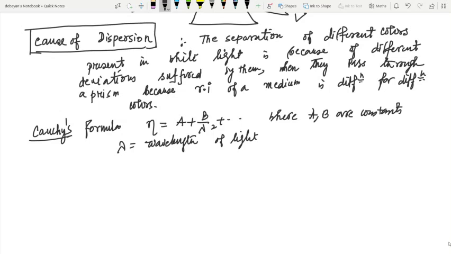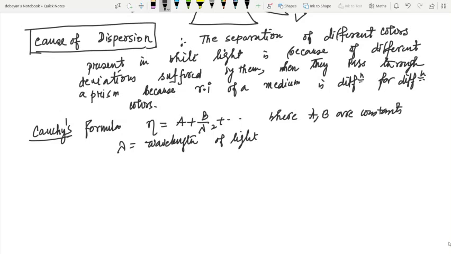Now if we consider a small angle prism, the deviation formula is (n minus 1) into A. So for red light, the deviation equals (n of red minus 1) into the angle, and the deviation for violet is similarly given. Since n of red is less than n of violet, the deviation of red is less.